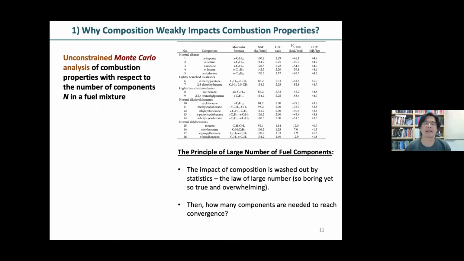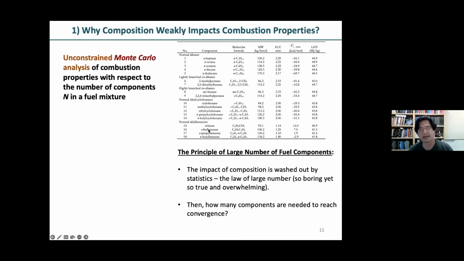So let me explain. Why is a multi-component fuel mixture more predictable than a single component fuel hydrocarbon combustion chemistry? To illustrate this point, I wanted to show you a set of Monte Carlo simulations that we did. It's computational work. So we go to our computational cabinet, bring out some alkane, branched isoalkane, highly branched alkane, cycloalkane, and aromatics.